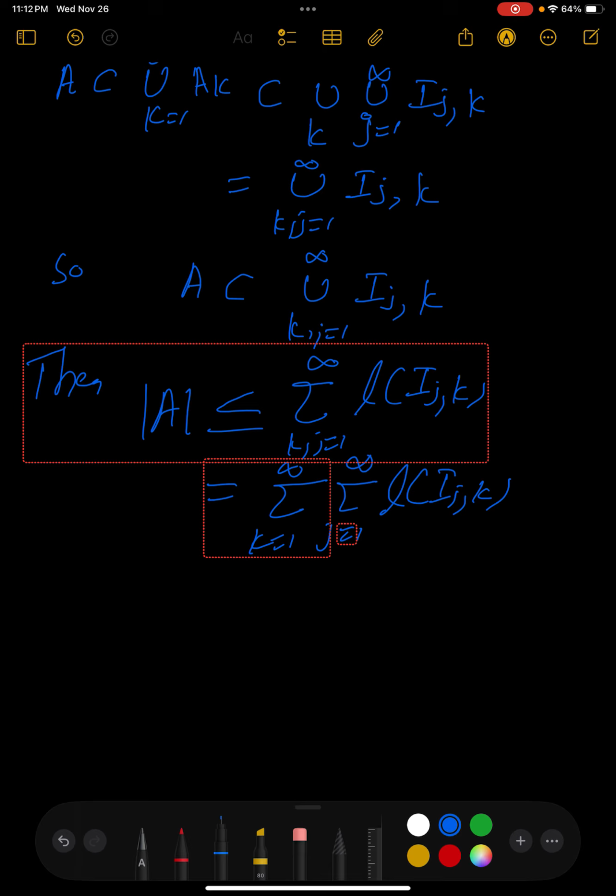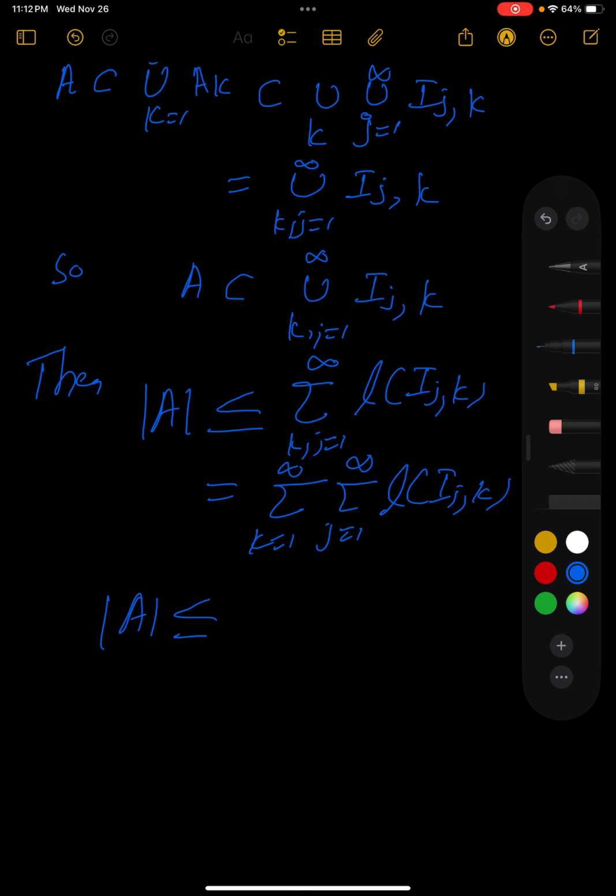Clearly, for each k, the sum over j of the length of Ijk is less than the outer measure of Ak plus epsilon divided by 2^k.